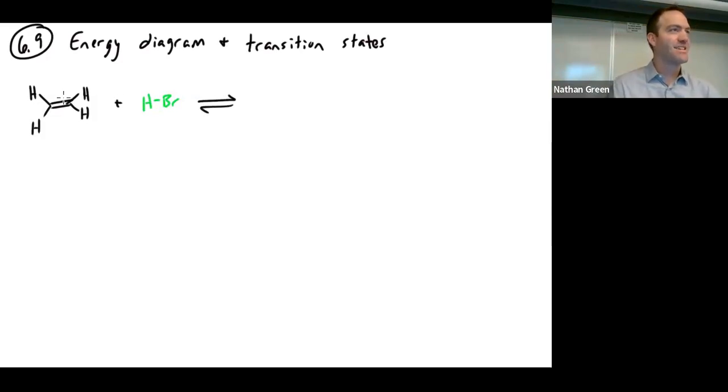That's the top one. Yeah, double single-headed arrow. Now what? Double-headed arrow still, right? So I'm showing you a polar mechanism here. That's going to make a carbocation.